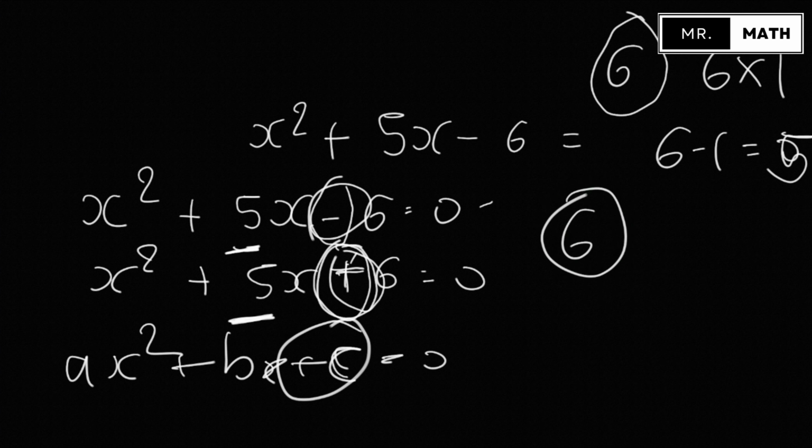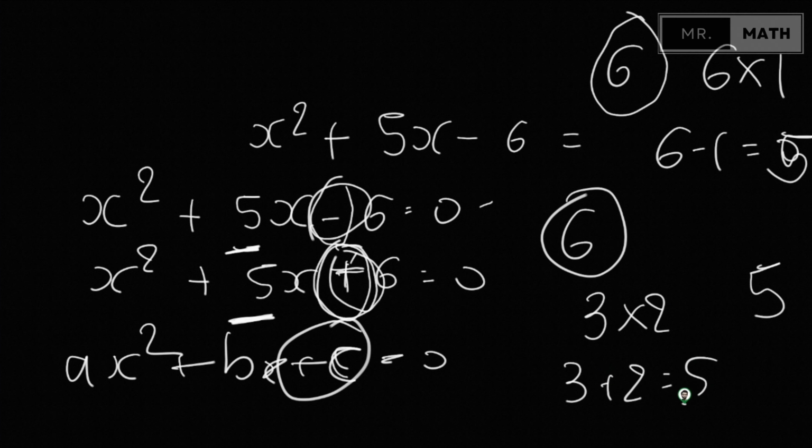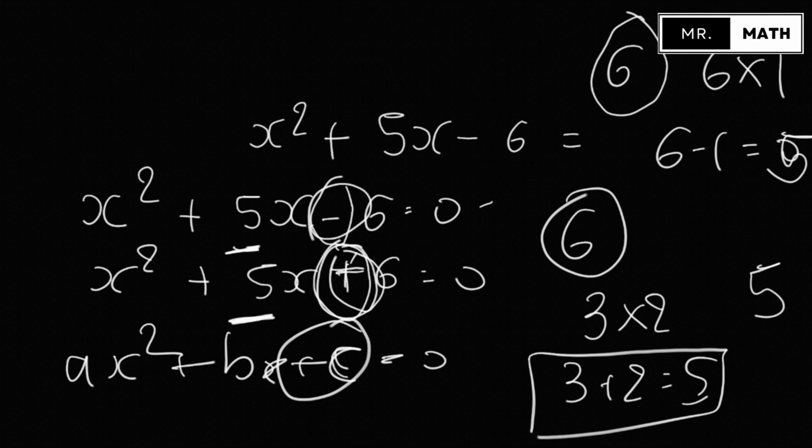So can you find factors of 6 so that their sum is 5? Easy. 3 into 2 is 6, and 3 plus 2 is 5. So 3 and 2 are the factors of the c term.